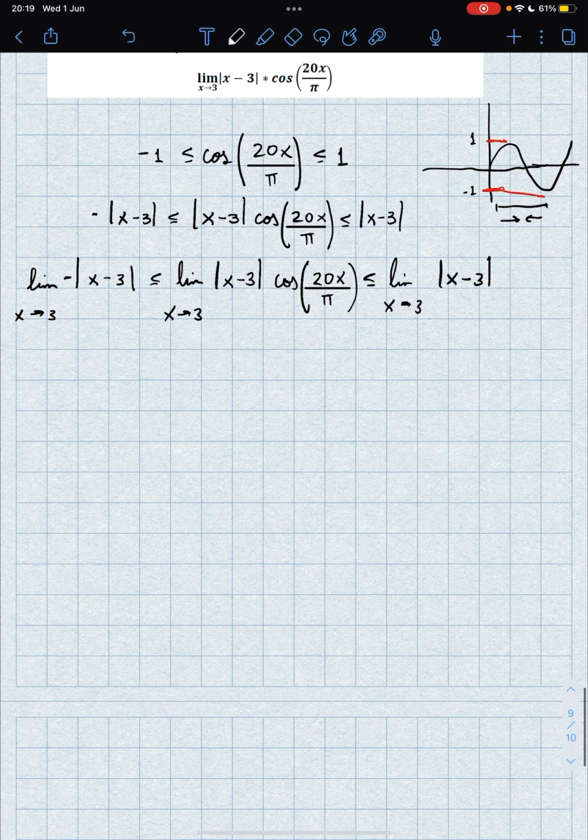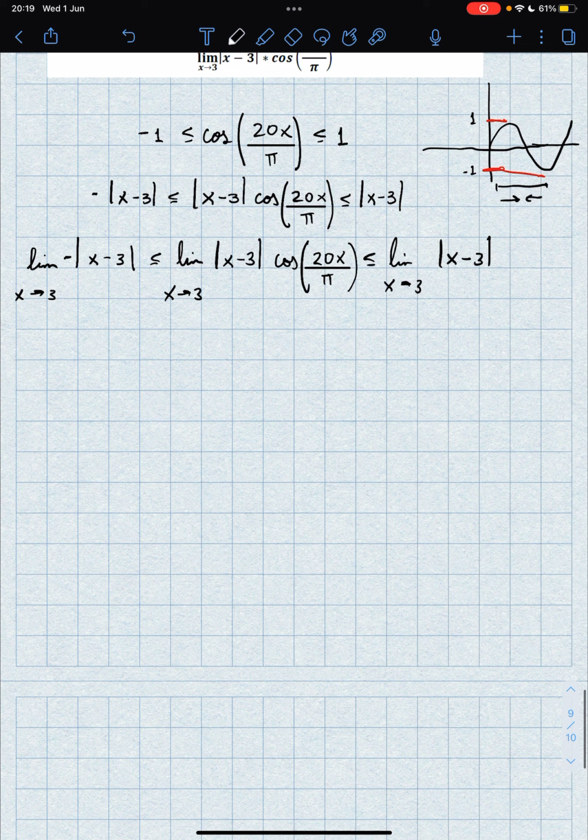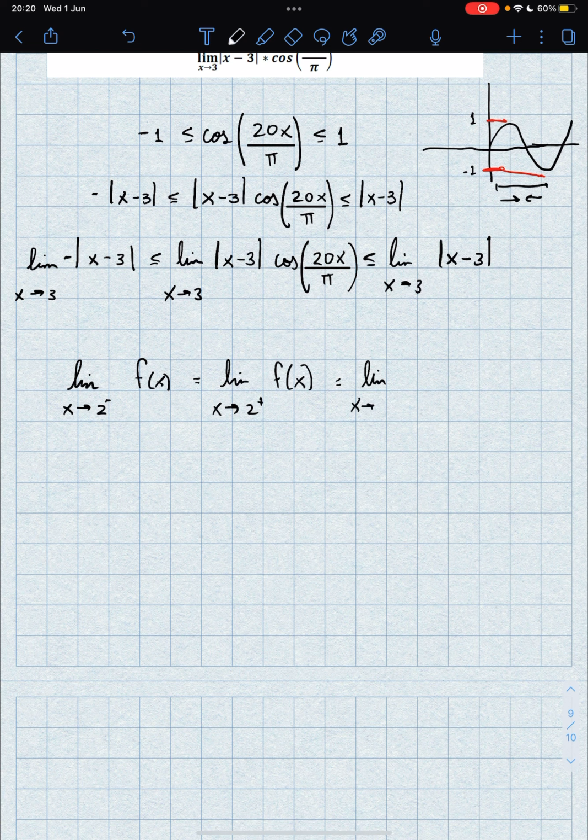Perfect. So what we have to do here is that we need to understand something. For a limit to exist, look at it this way: the limit when x goes to 2 from the left of f of x needs to be equal to the limit when x goes to 2 from the right of f of x, which at the end is the limit when x goes to 2 of f of x.